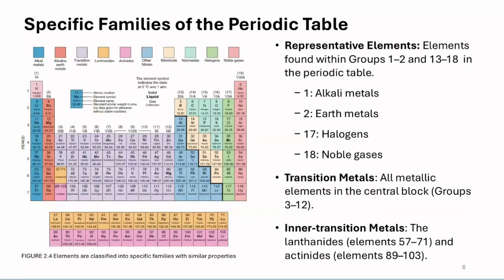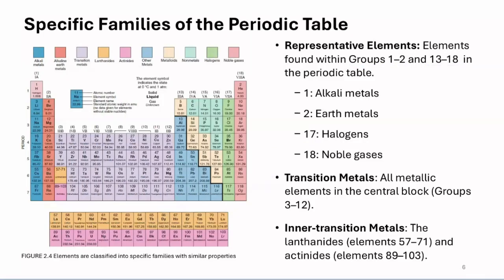When it comes to the periodic table, we can separate the elements into three categories that include representative elements, transition metals, and inner transition metals. Representative elements are those found in groups 1 through 2 and 13 through 18.